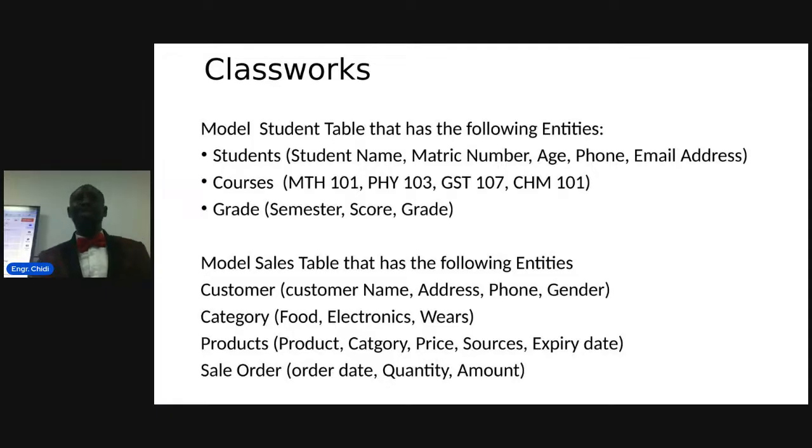Phone number, unique. So why do we make phone number unique? The reason is so that you cannot register twice, because no two persons can have one phone number. So once you register, it is you.